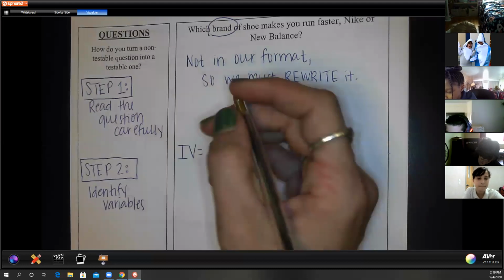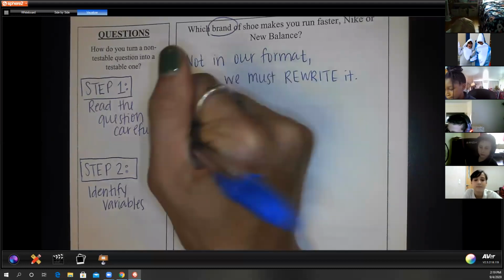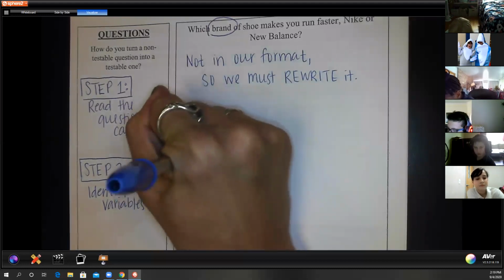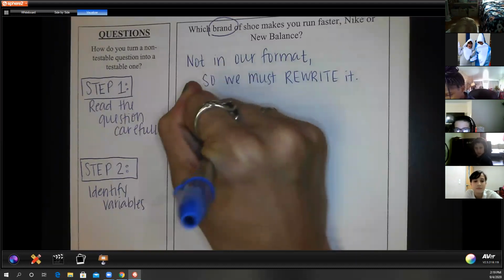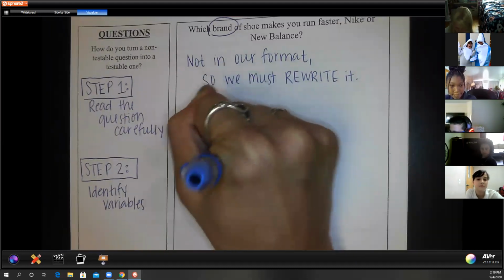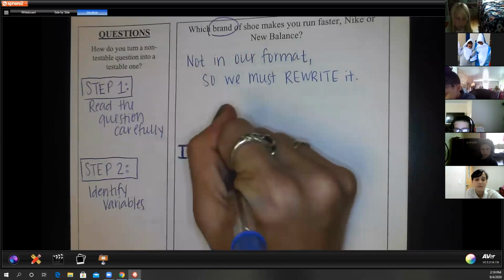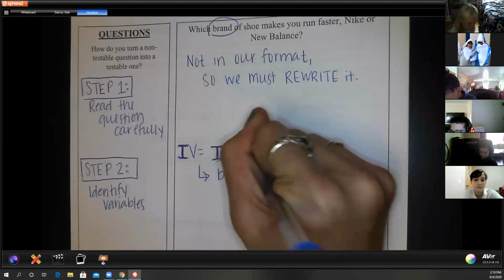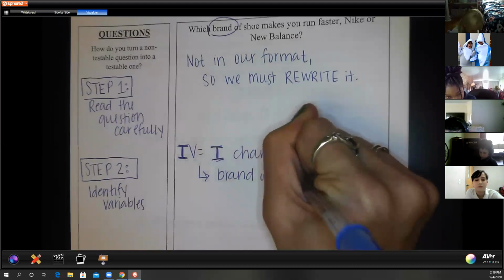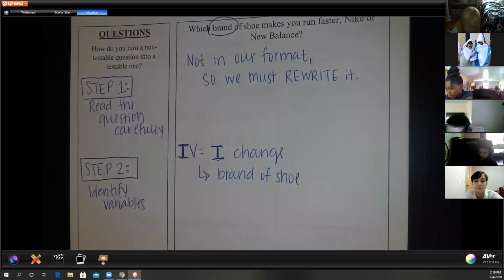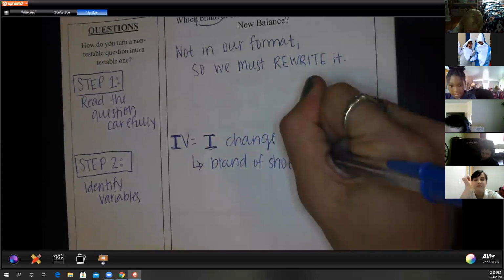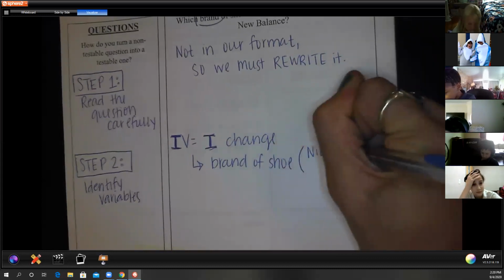So the IV that I change is the brand of shoe. Because I change it. So Nike or New Balance.